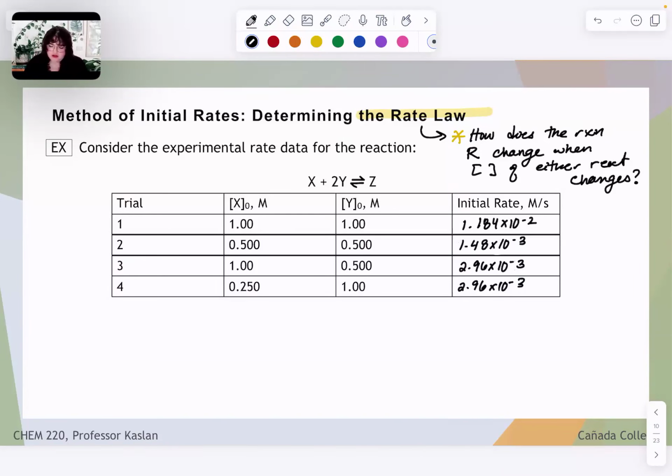Because if it changes in a direct proportionality, that means we are first order. If it doesn't change at all, then that means we're zero order. And if it changes in that square manner, then that means we're second order.